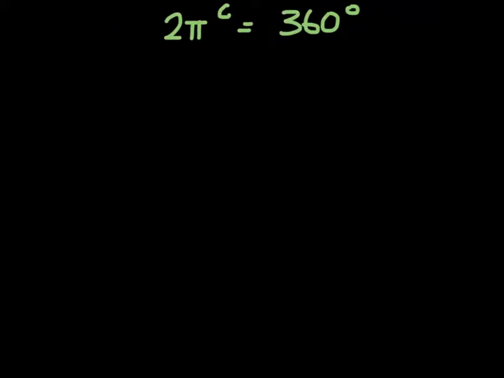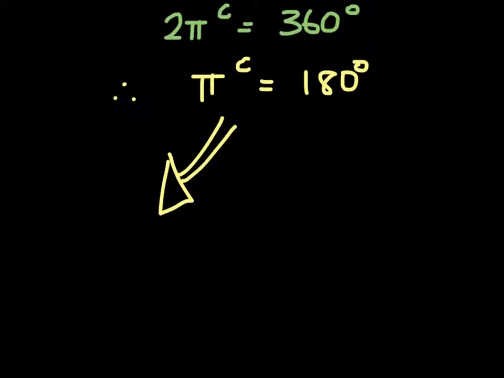Like I said, 2 pi radians is equal to 360 degrees, or pi radians is equal to 180 degrees. If we divide both sides by pi, then 1 radian is equal to 180 divided by pi degrees.